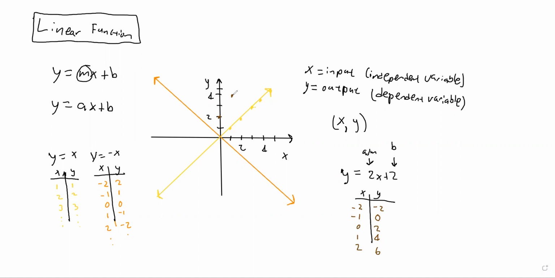And then the slope is 2, 4, 2, and then -2. One, 2, 3, 4, 5.